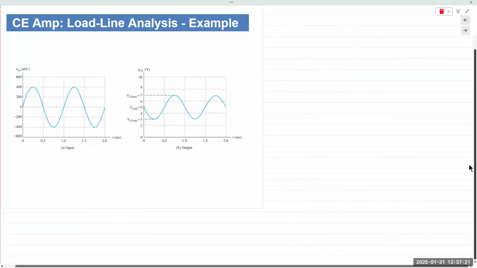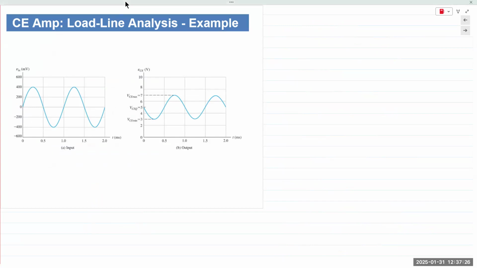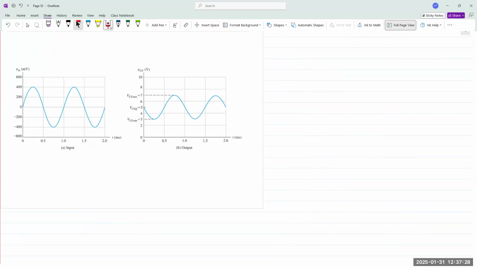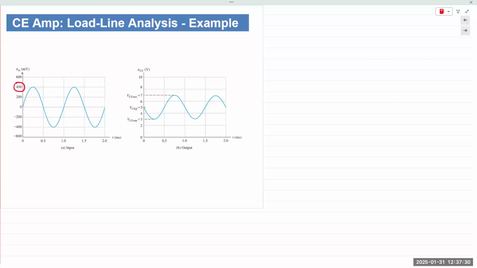So if you plot this, as I was saying, the input swings between 400 and minus 400 millivolts. The scales are different, right? V in is less than 1 volt. Even though the waveform on the right looks smaller, the scale is different.